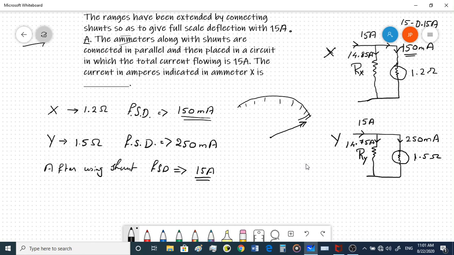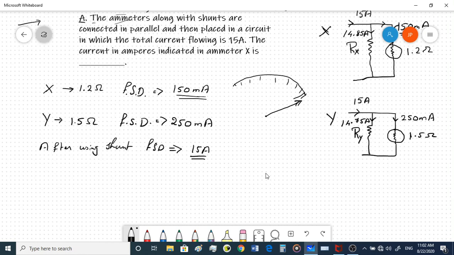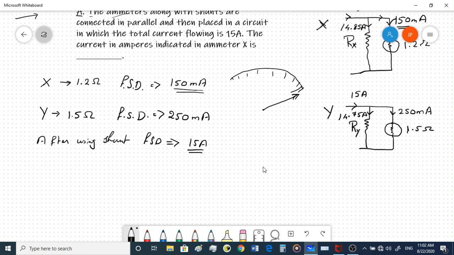So this is a very tricky statement. What they are saying is that the ammeters along with the shunts are connected in parallel and then placed in a circuit. So you have to understand what they are trying to say here. X and Y are connected along with their shunts.